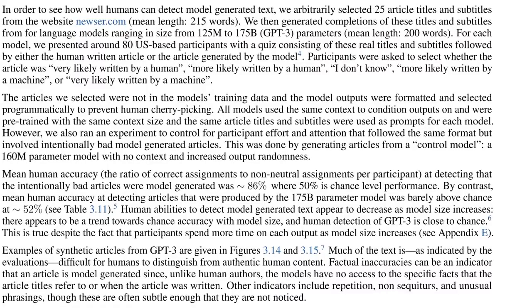And they say here, by contrast, mean human accuracy at detecting articles that were produced by the 175 billion parameter model was barely above chance at 52%. Human abilities to detect model-generated text appear to decrease as model size increases. There appears to be a trend towards chance accuracy with model size, and human detection of GPT-3 is close to chance. Okay.